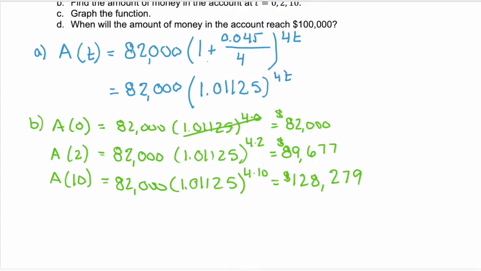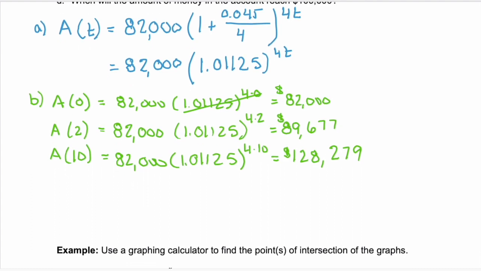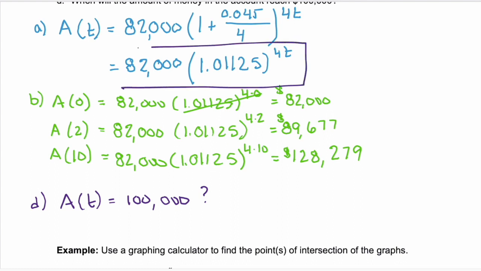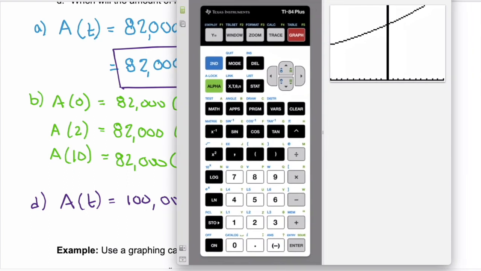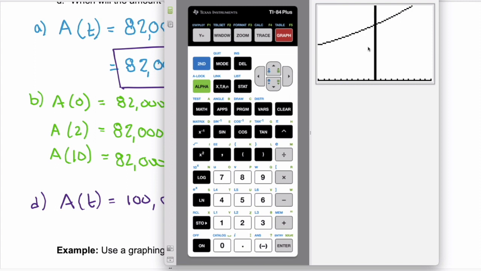Now, part D is asking, when will the amount of money in the account reach $100,000? This is another time that we can use our graphing calculator, because reaching $100,000 would be asking, when does A of t equal 100,000? Well, that would be taking our function and finding when it's $100,000. Or in graphical form, that's an intersection. So we have the graph of our compound interest function.